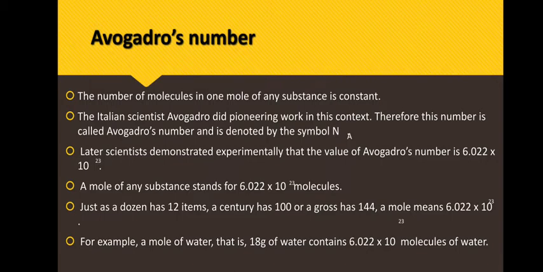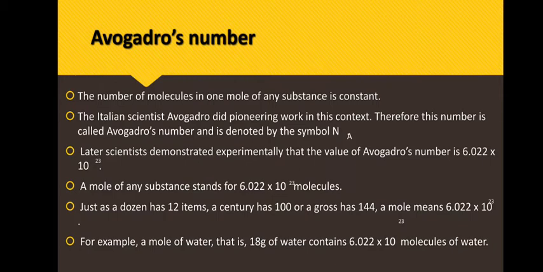Later, scientists demonstrated experimentally that the value of Avogadro's number is 6.022 into 10 raised to the power 23. Now, what is this number? This is the number of molecules which will be present in a particular given mass.